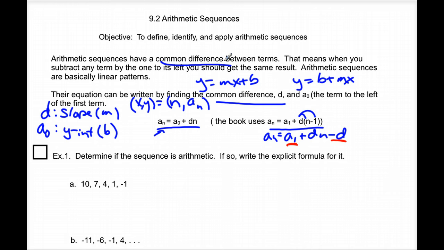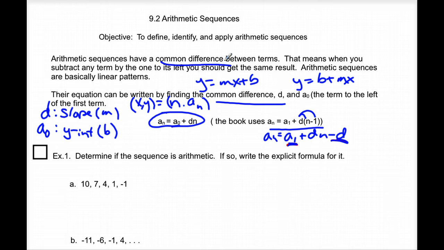So normally we got plus d. If you add d, that brings you to the right. Say d is 2. You're going to go 2 to the right each time. But to find something to the left, you would subtract it. So I'm just saying that this minus this is equivalent to this a0 that I have here. This is going to make our work a little bit shorter. Let's go ahead and just use that.